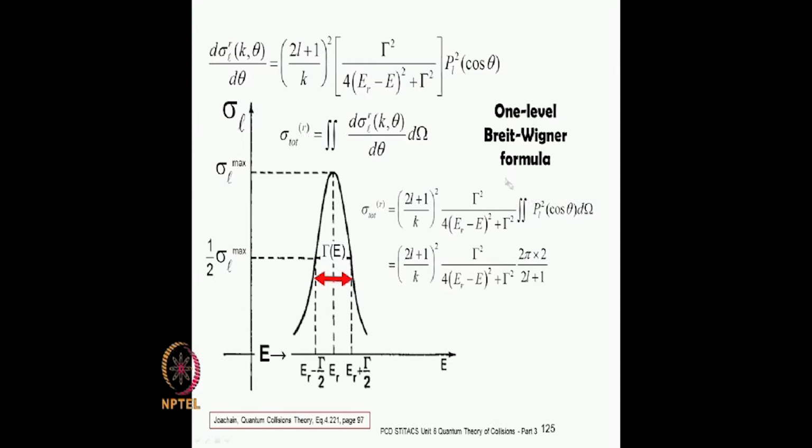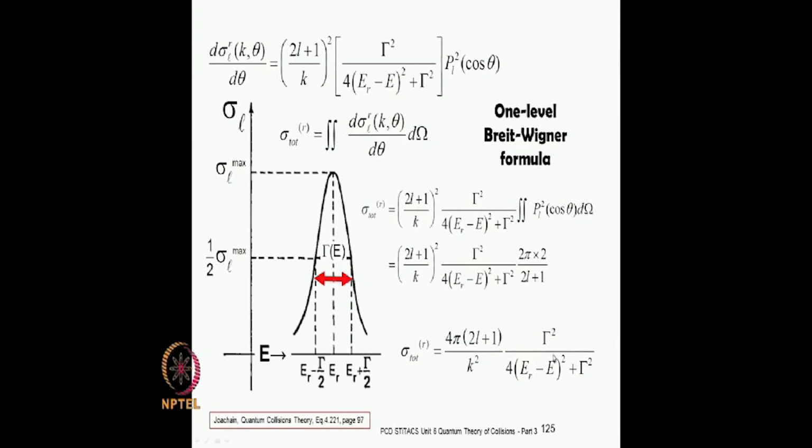When you do that, you get 2 pi times 2 over 2l plus 1 from this integration, and this 2l plus 1 will cancel one of these 2l plus 1 factors in the square, and now you get the total cross section, which is the resonance cross section. This is just the resonance part. We have ignored the residual part which is coming from the background, and what we get from this is gamma square over 4 ER minus E square plus gamma square.